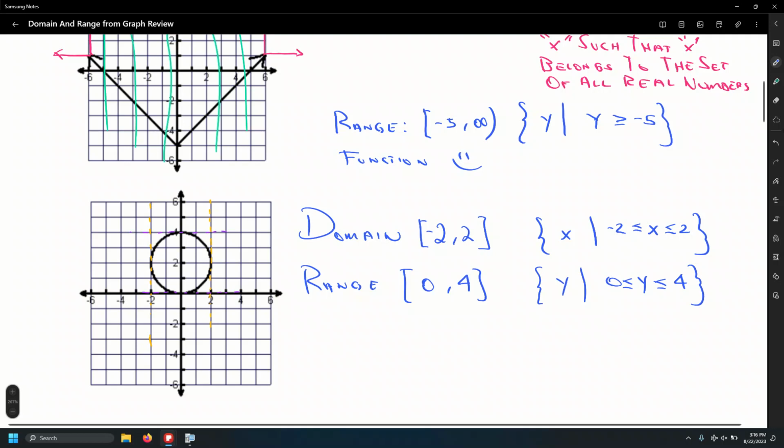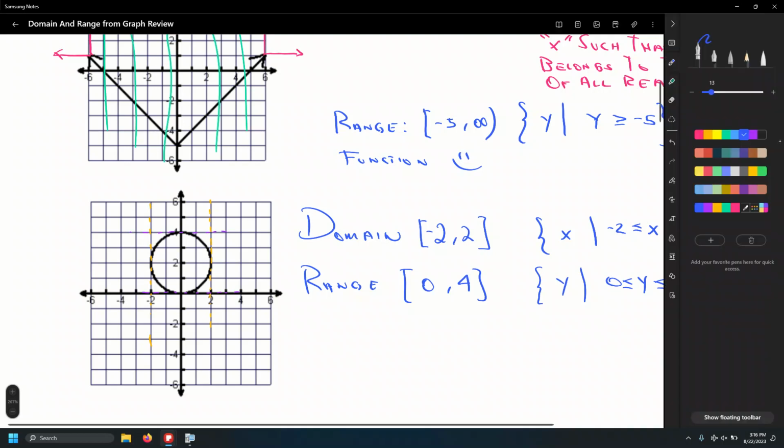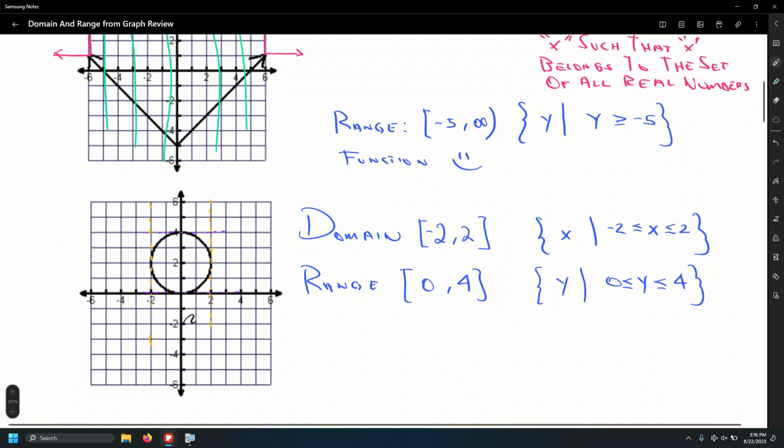So check this out. How can it look different? What if I have this region here? So what if I have this circle, but instead of having a solid point, make it an open circle, all right? So in this case, yes, the lowest endpoint is still negative 2.